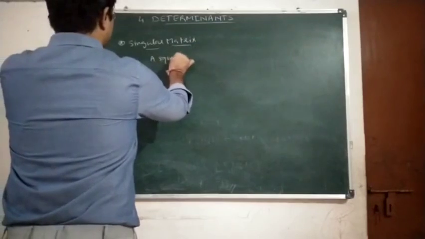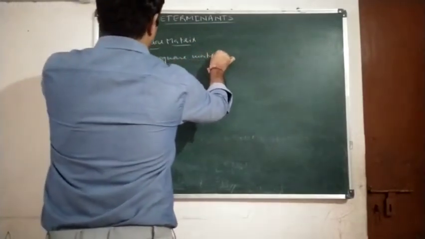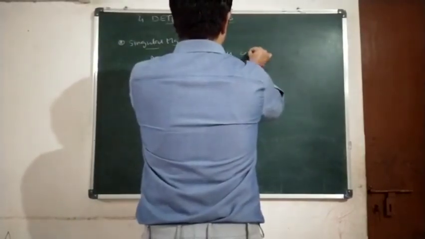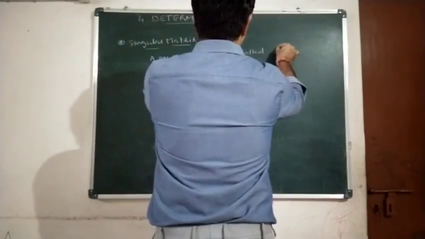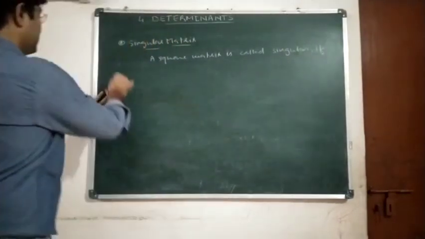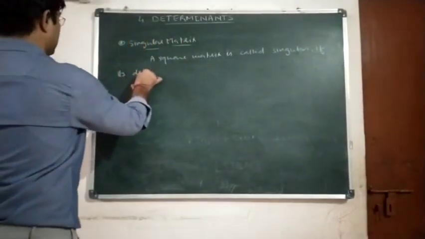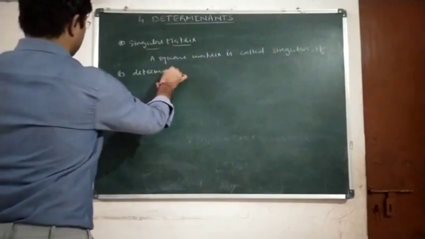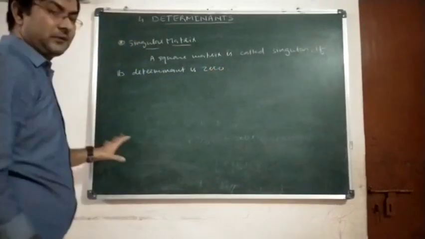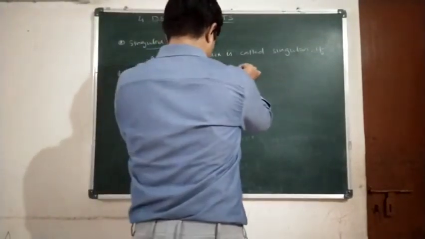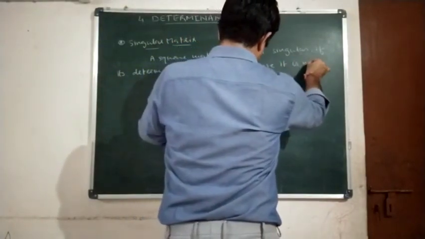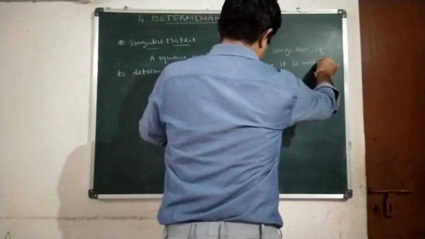A square matrix is called singular if its determinant is 0. Yes or no? Otherwise it is non-singular.